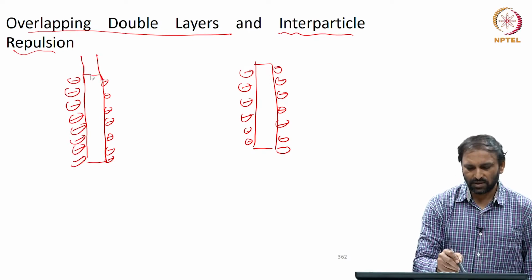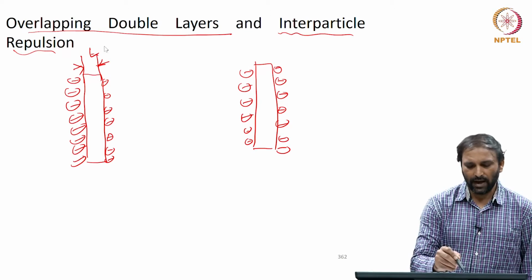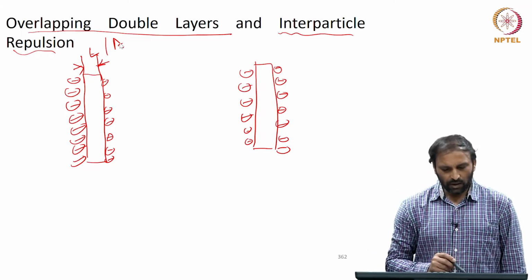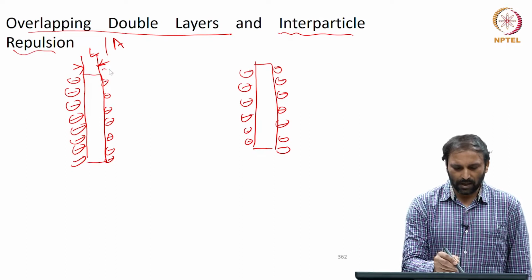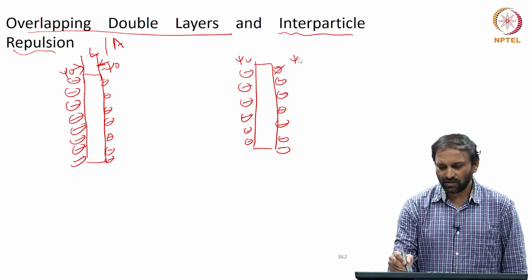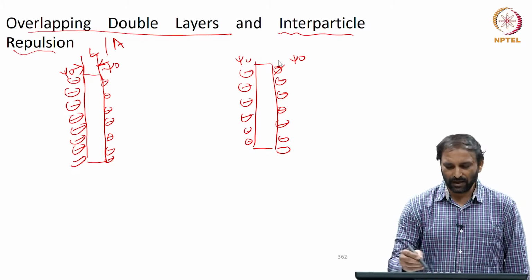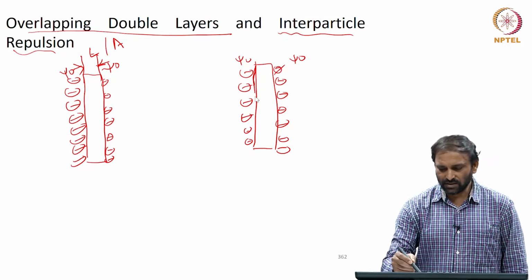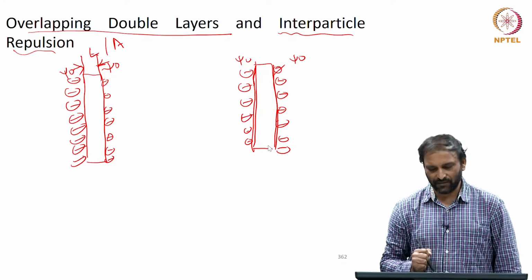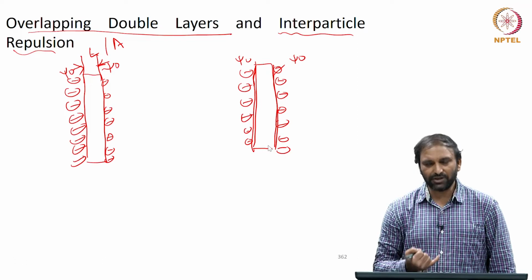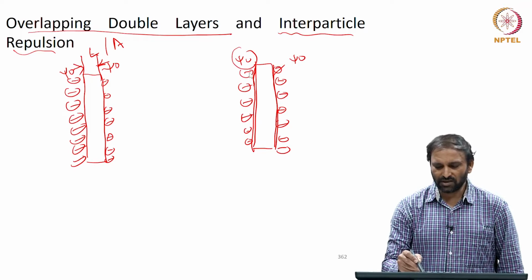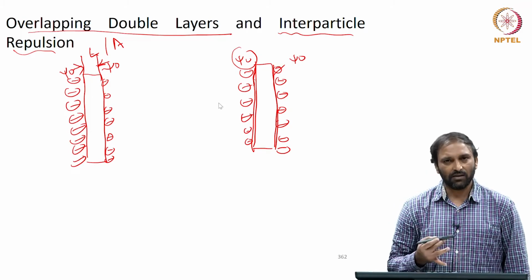Okay, it's a substrate of some finite thickness T, and they have an area A. Now, we know that there will be some potential psi naught associated with each of these surfaces, and because we are assuming that both this surface and this surface are homogeneous in terms of surface chemistry, the material they are made of, we can assume that the potential at the surface on either side is essentially the same.